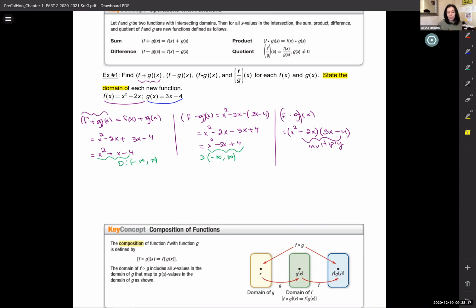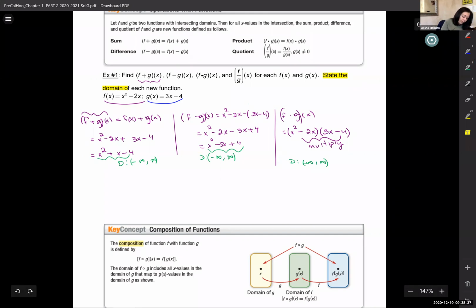And I know most of you are comfortable with doing that. So if you need help on how to do that, maybe we can get together one-on-one and take care of it. In the end, you get another polynomial, and the domain is also all real numbers, no questions asked.